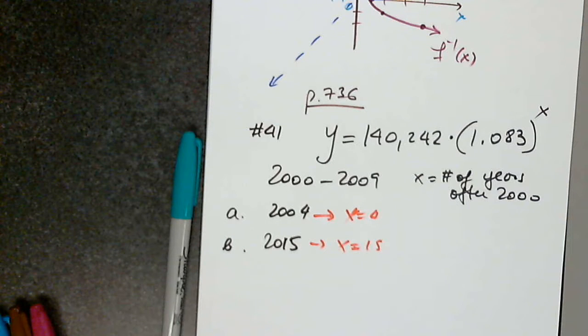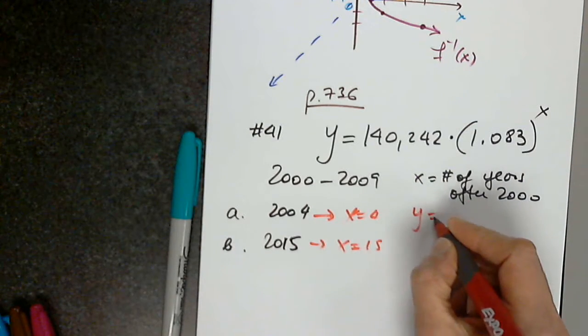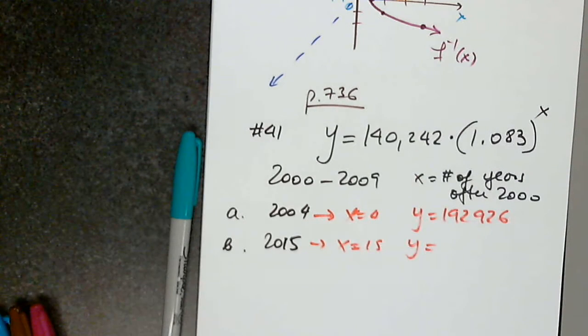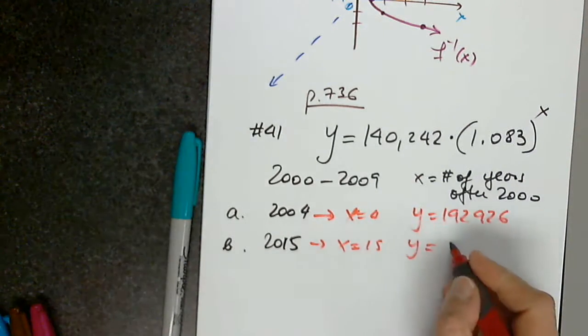I cannot round it up because it's a number of people, so that's fine. And the other one: 463,772.